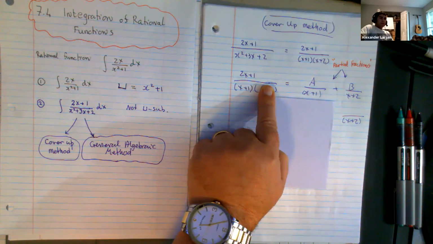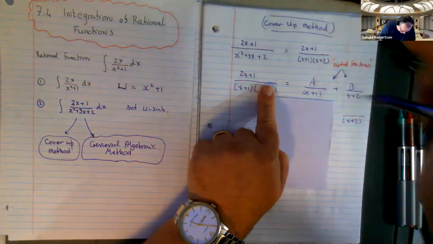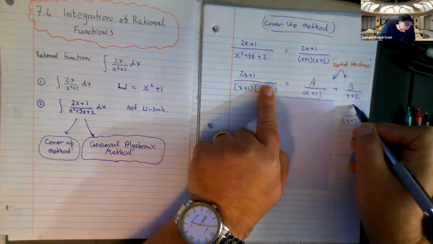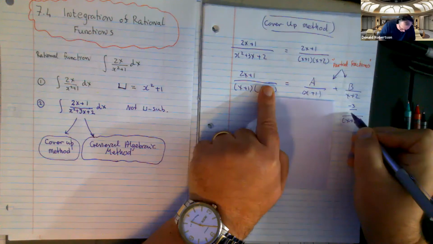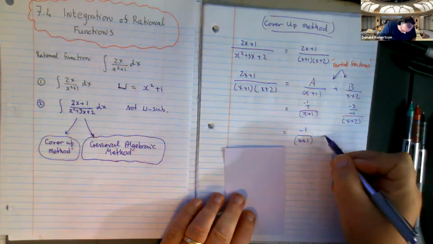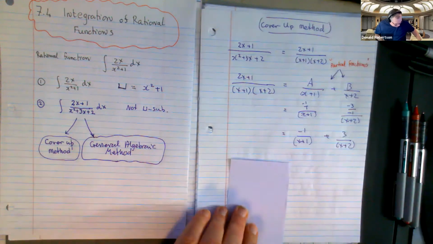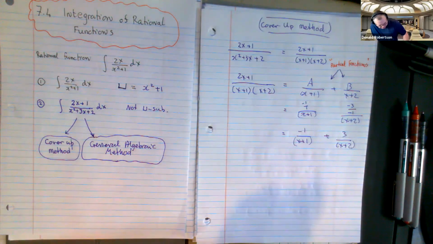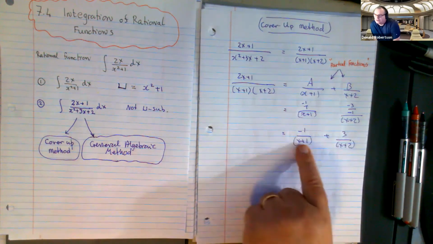Plug -2 into what's left. -2 add 1 on the top gets you -4, add 1 gets you -3. -2 add 1 on the bottom gets you what? -1. That guy over that guy gets you plus 3 over x add 2. So according to this cover-up method, this fraction has now been reduced to its 2 partial fractions.